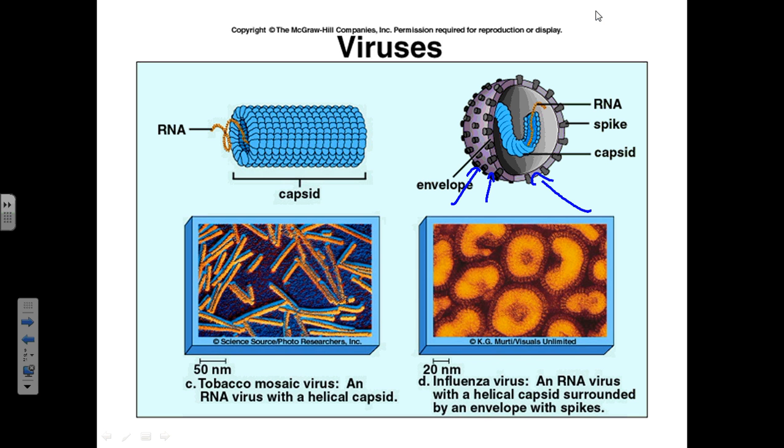And because some viruses are that way, there are some people that want to say maybe they were the first things, and that life came from them. That's the theory some people want to have. Hard to say. Most of them don't have this envelope around them, but there are a few, like the flu virus, that do have this almost membrane-like envelope on the outside.